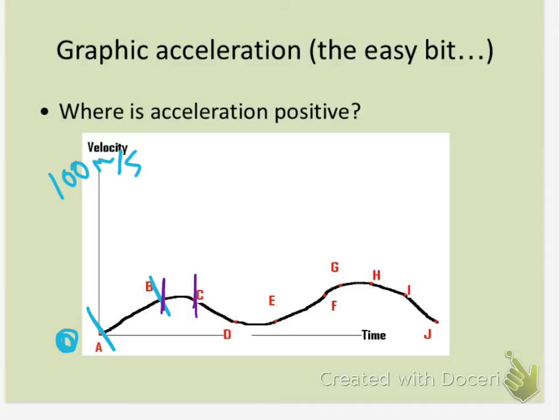Overall, the acceleration in that segment is 0. Slope is 0. Is that object still moving? Yeah, it has a non-zero velocity.